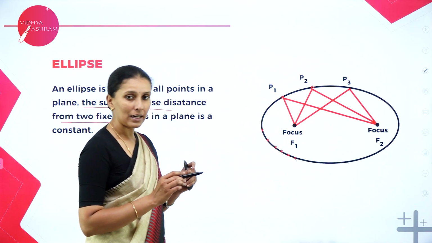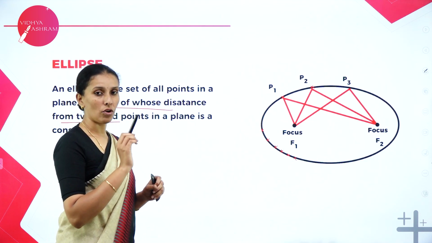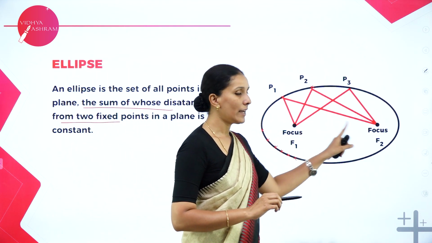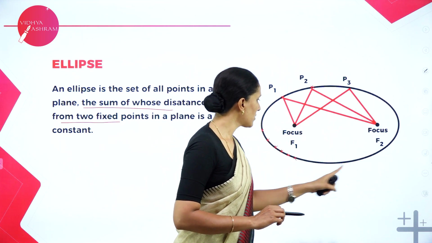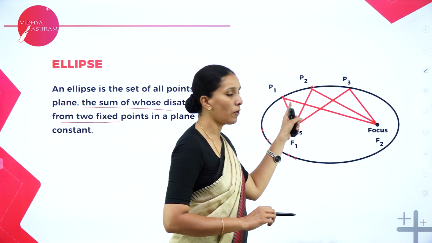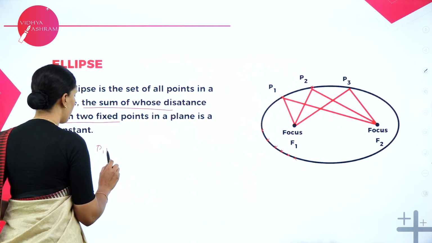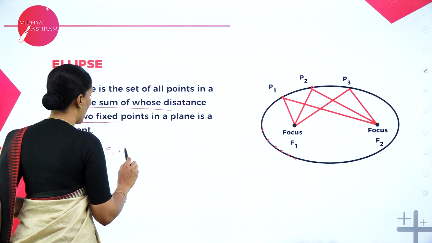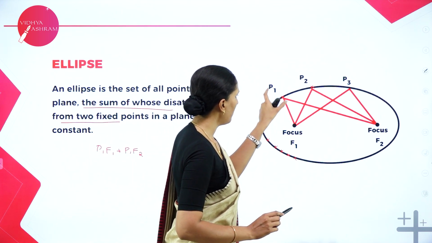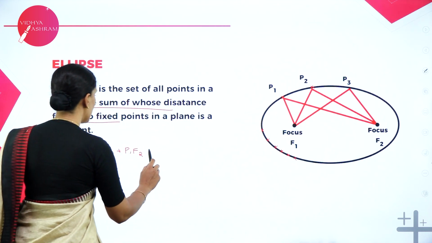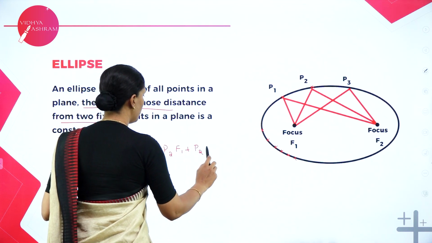As in a circle, we have one center which is equidistant from any point on the circle. But here it is not called a center, they are called foci. So this is a set of all points whose sum of the distances to any point on the ellipse will be the same. From the figure here, the distance P1F1 plus P1F2 will be the same as P2F1 plus P2F2.